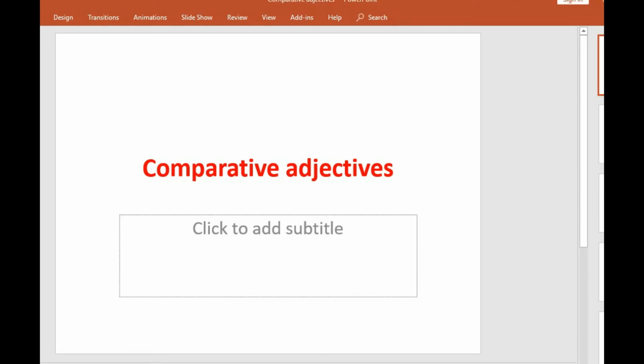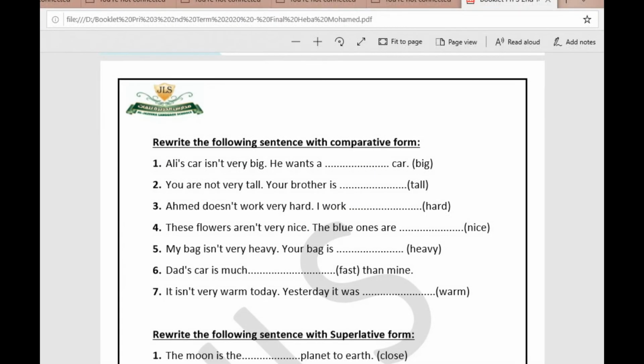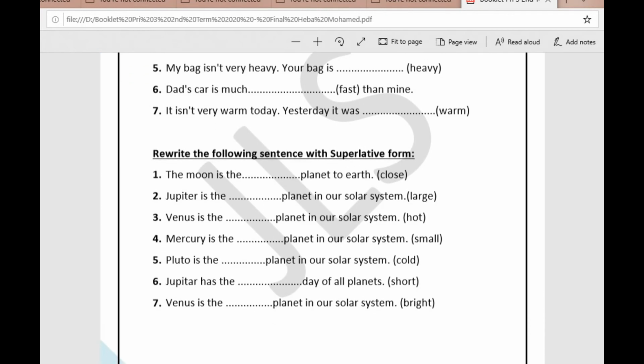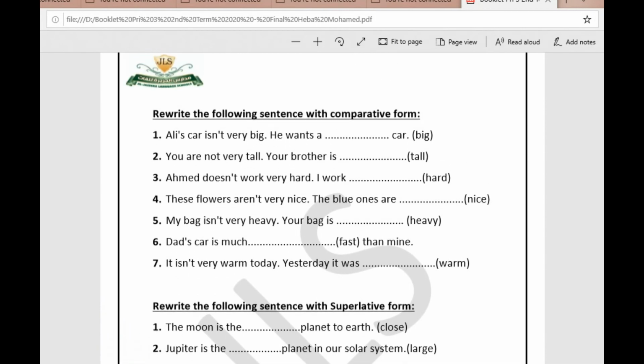Now I want you to open your booklet to answer the exercise. Open page 69. The first exercise, number 1. Ali's car isn't very big. He wants a space car.